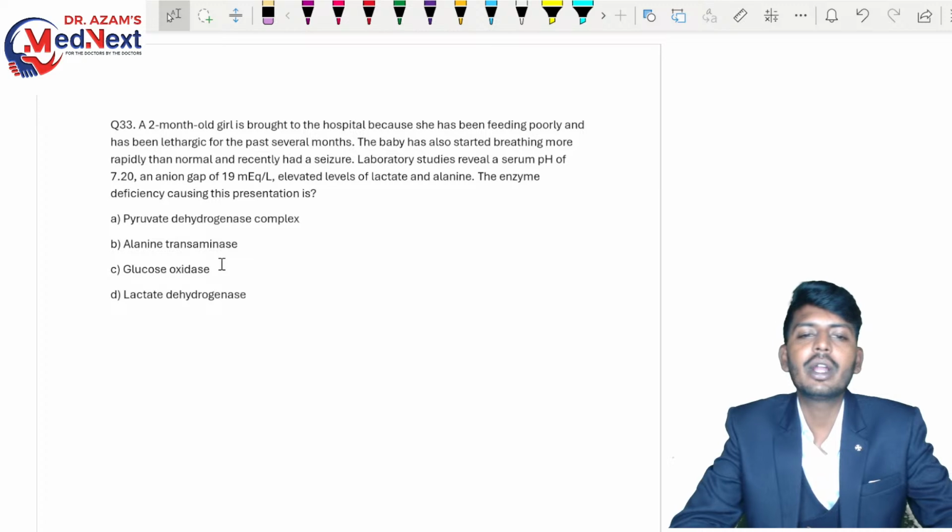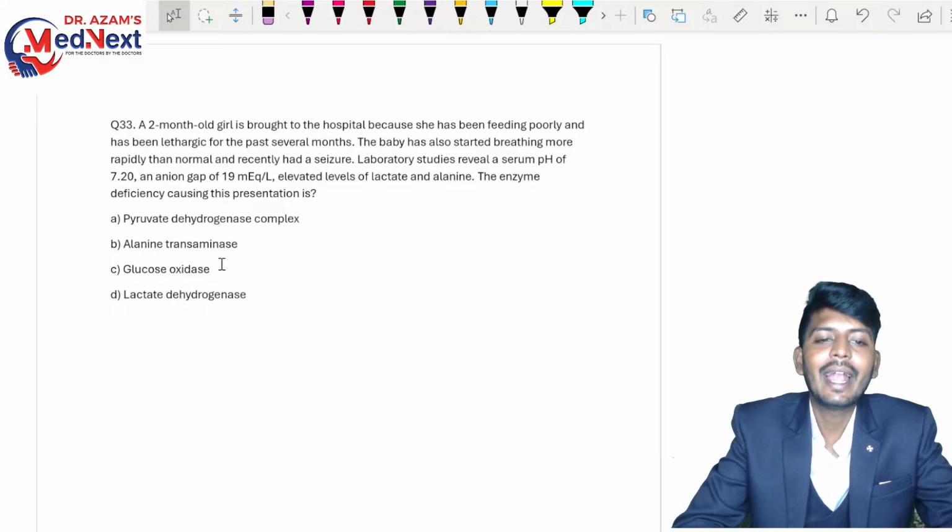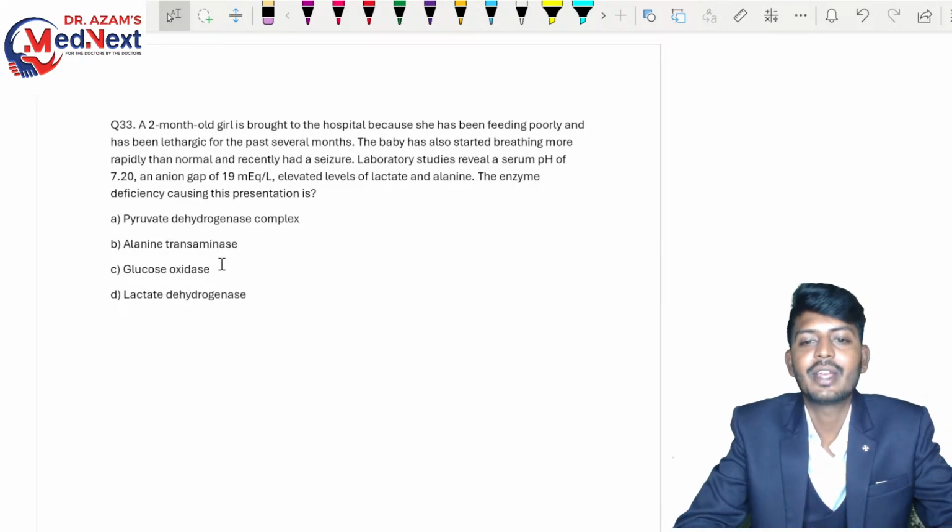A 2-month-old girl is brought to the hospital because she has been feeding poorly and had been lethargic for the past several months. The baby also started breathing more rapidly than normal and had a seizure.